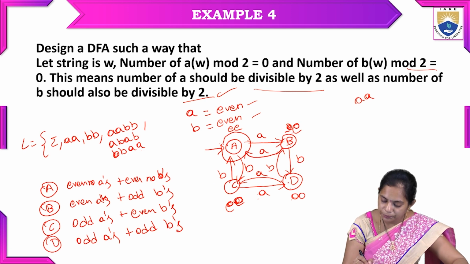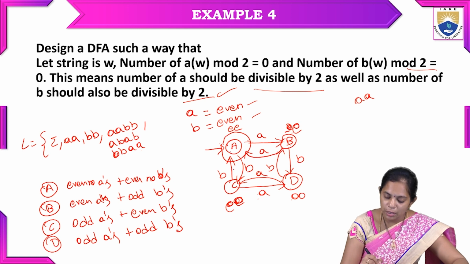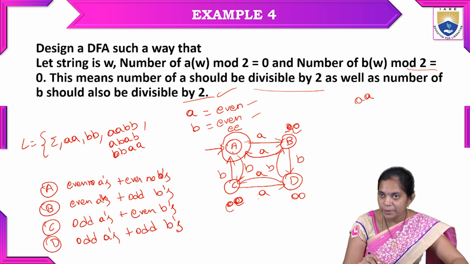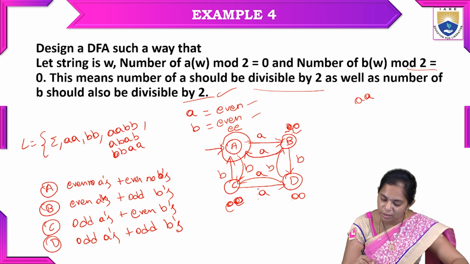And if you give B as an input symbol, it is reaching the A state. So two B's are there, it is reaching even number of A's and even number of B's. And here A is an even number of A's, and a single B represents odd number of B's.